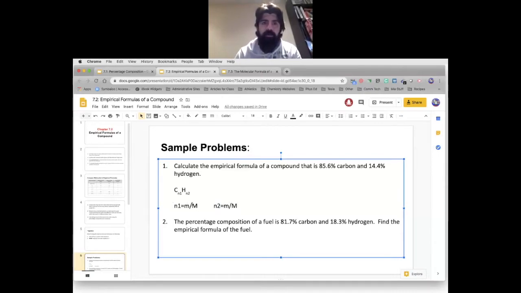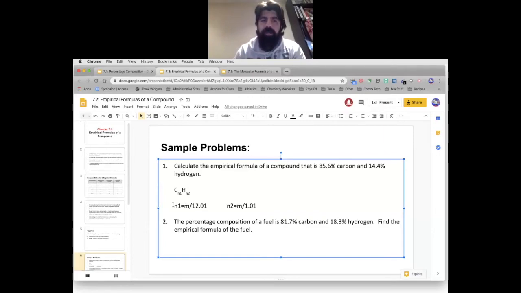So the molar mass of carbon is 12.01 grams per mole. Actually, we're not going to need the formulas, but you'll see in a moment what we're doing. And for hydrogen, the molar mass is 1.01 grams per mole. So actually, let me get rid of them because there are too many slashes, and that might confuse some people.